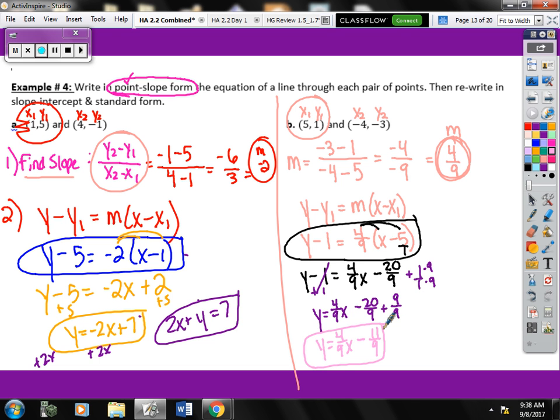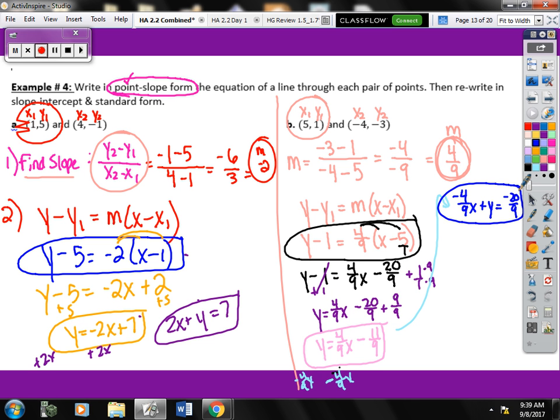Last but not least, we want to rewrite this in standard form. So the very last step is to, let me pick a different color down here, subtract 4/9 x. And that will get me negative 4/9 x plus y equals negative 20/9.